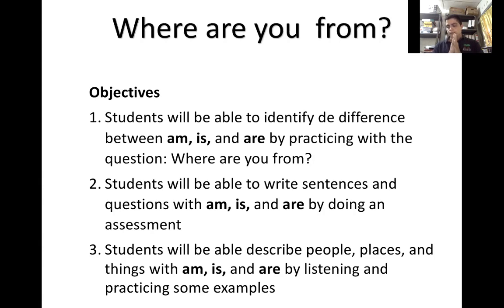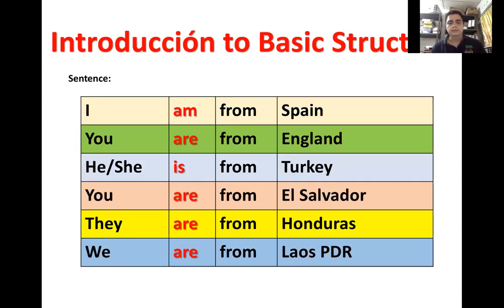So let's move on to introduce the topic. We're going to talk about where are you from? There is a basic rule of using the verb to be. When I ask you, where are you from? As a first person, you will say, I am from Spain.